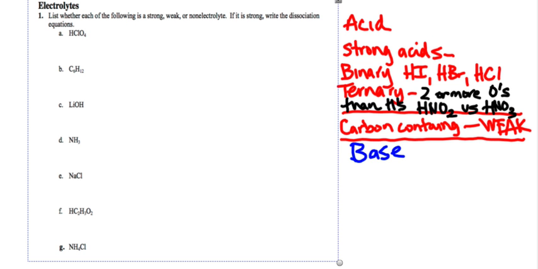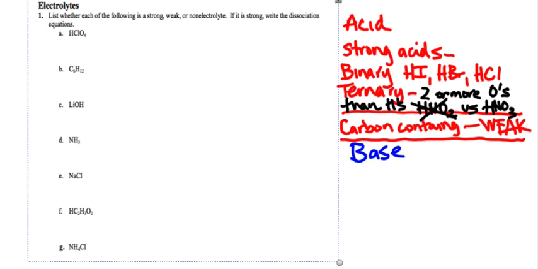I hope it's still going. Yep, looks like it's still going. Okay. So, HNO2, does that have 2 or more O's than H's? No, that only has 1 more O than H, so that is not strong.